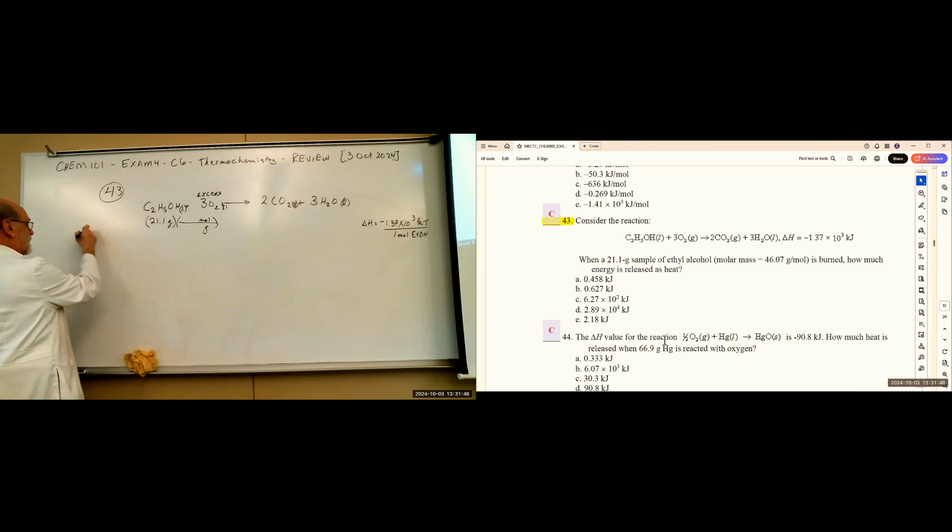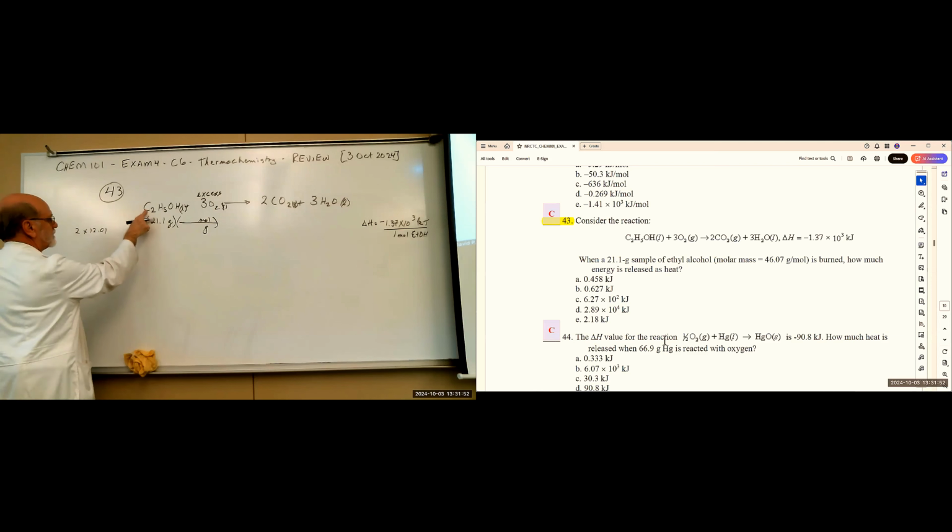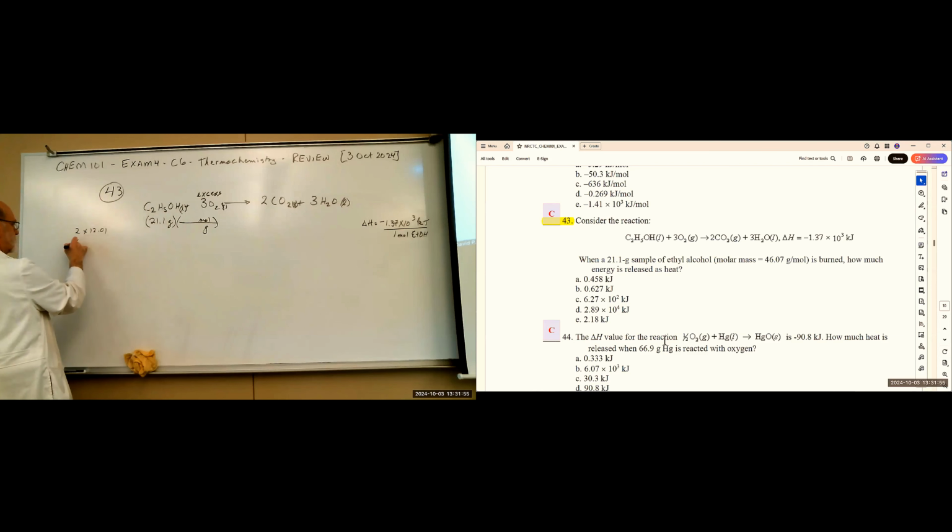All right. So 2 times 12.01 for that carbon. We have 6 hydrogens, 1.01, and then 1 oxygen.